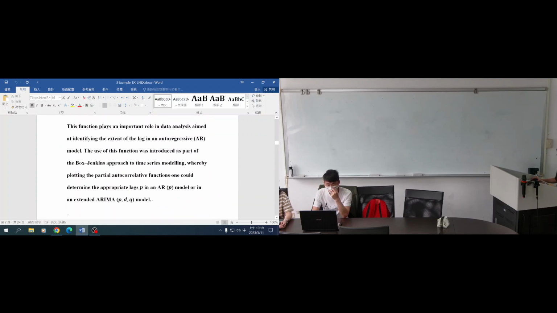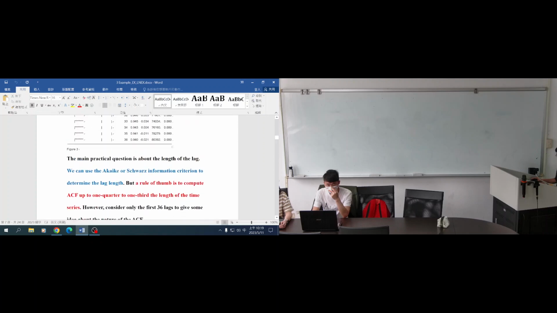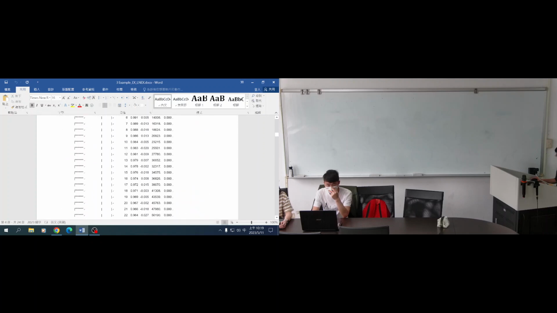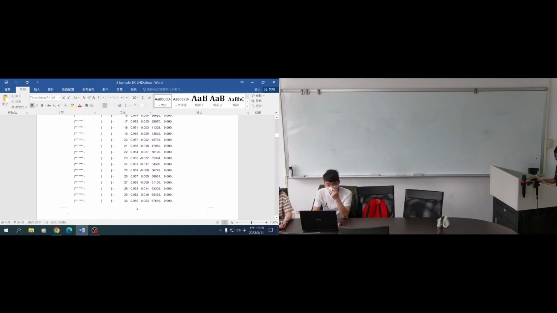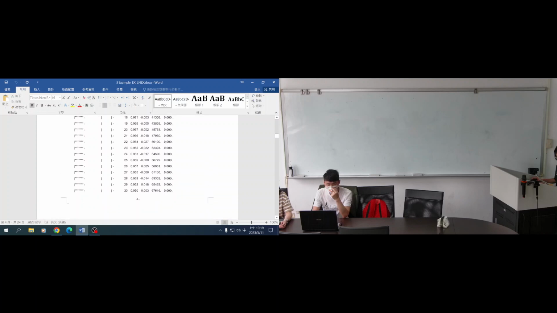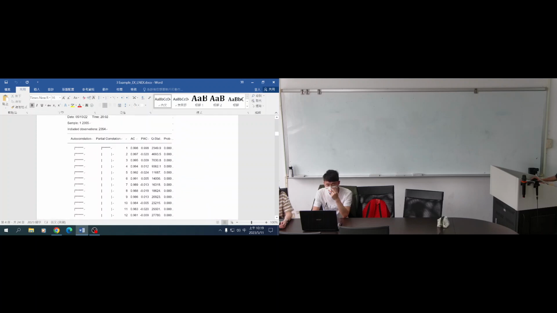So if we look at this one, the partial autocorrelation function, the first one is pretty high, and it reduces. You understand what I'm saying here? Okay.